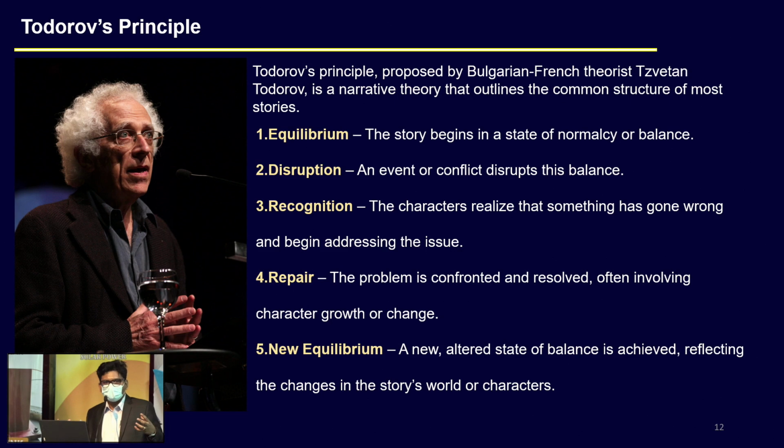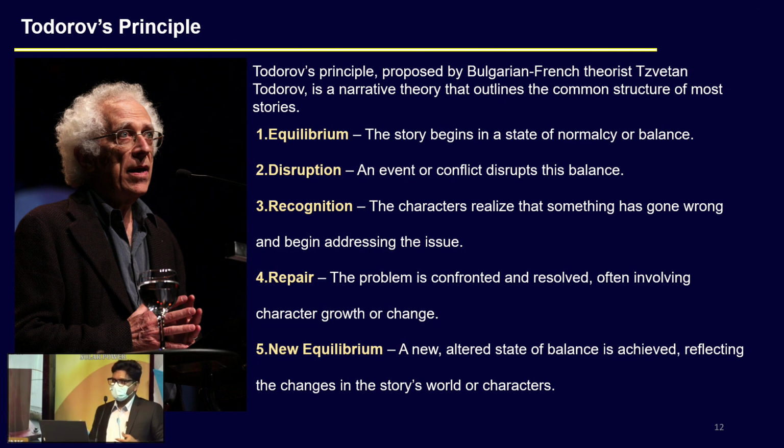Maybe if it is a disaster, they try to reconcile. And then the new equilibrium. The first equilibrium and the new equilibrium are different, because the passage of events changes the previous equilibrium to the new equilibrium. So that's what Todorov's principle is.